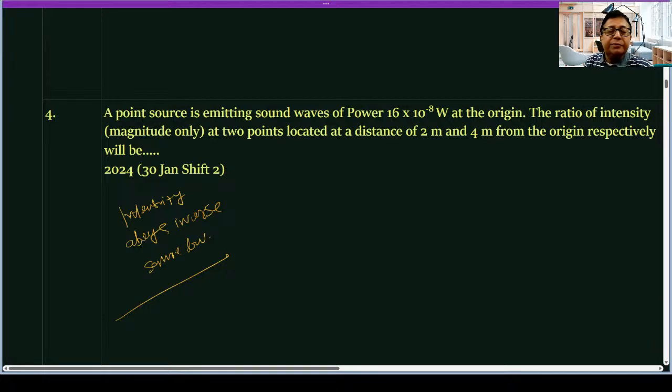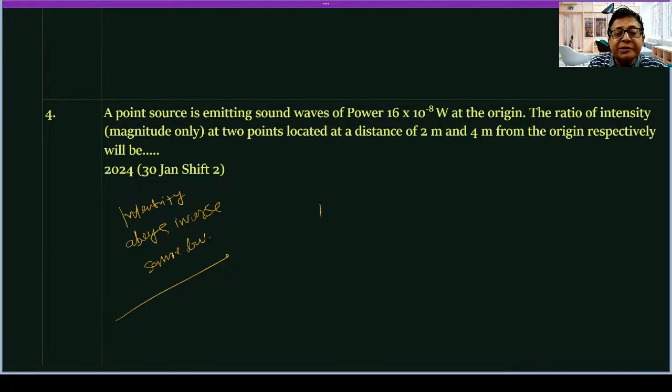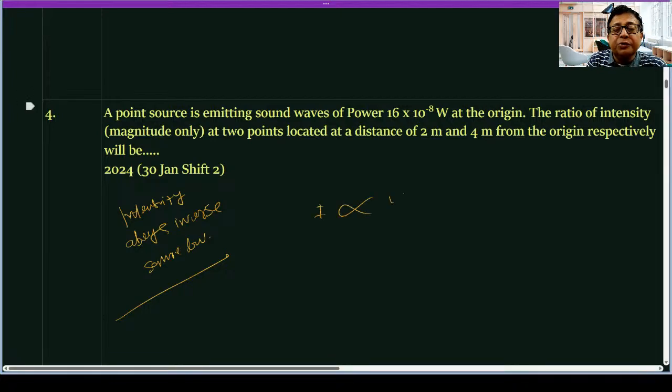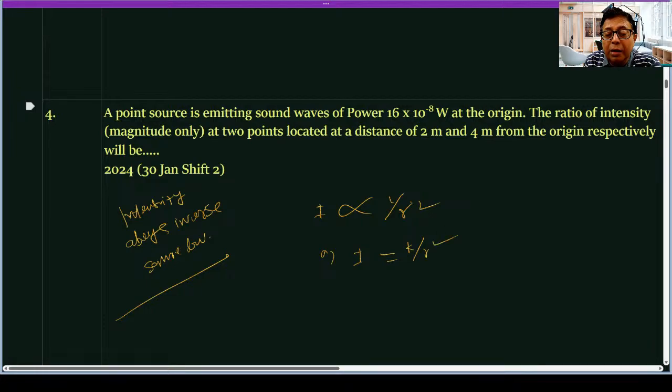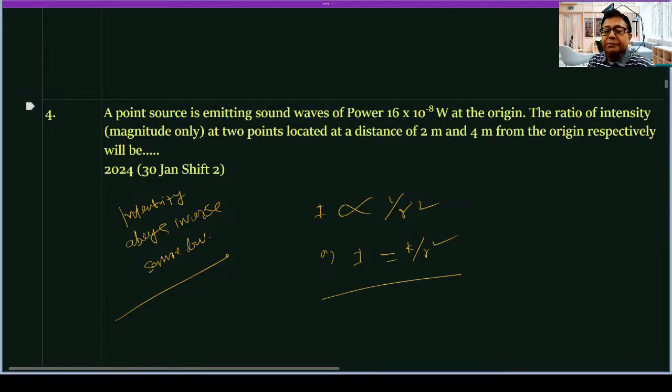So at a place, intensity is proportional to 1 by r square, or I equal to K by r square. Okay.